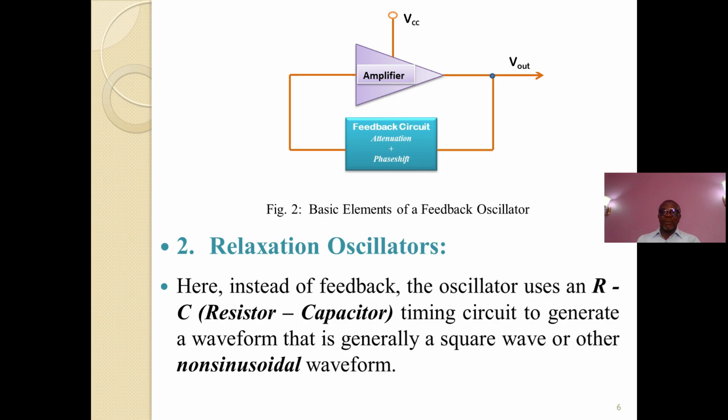Here, instead of feedback, the oscillator uses an RC, resistor-capacitor combination, an RC timing circuit, to generate a waveform that is generally either a square wave or any other non-sinusoidal waveform.